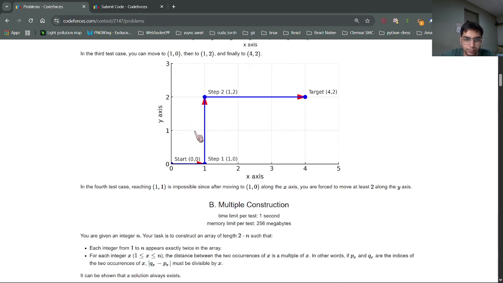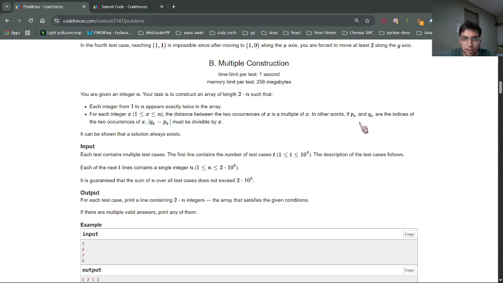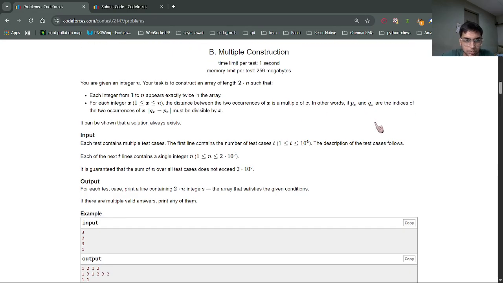So then we have this question. You are given an integer n. Your task is to construct an array of length 2n such that each integer from 1 to n appears exactly twice. Basically, a permutation with that.